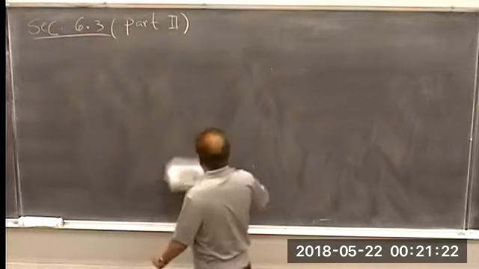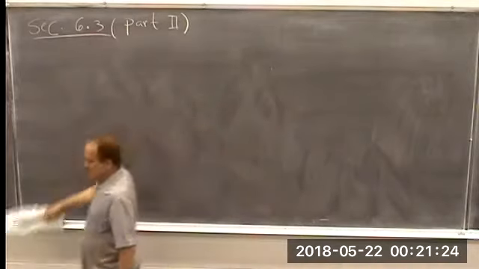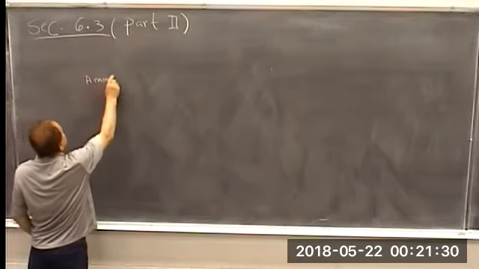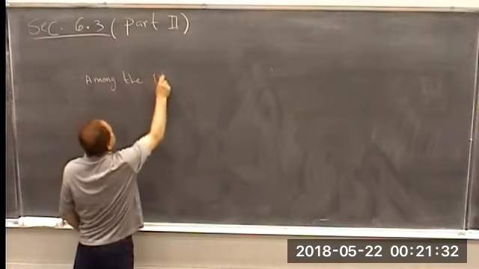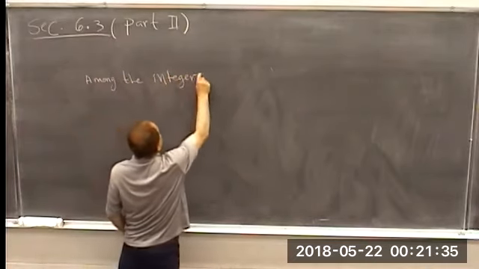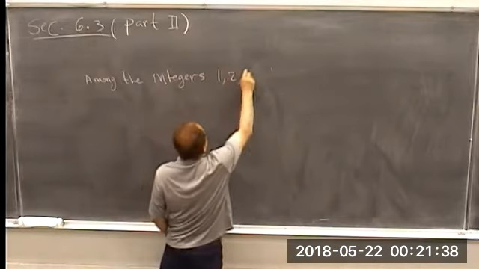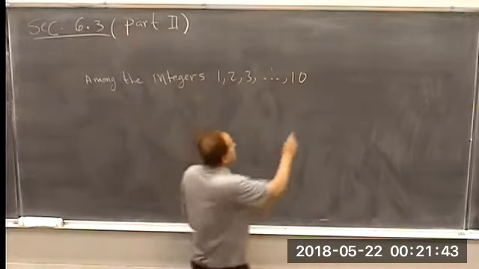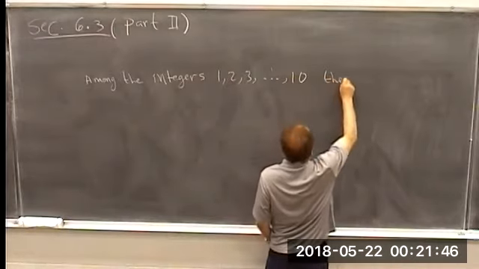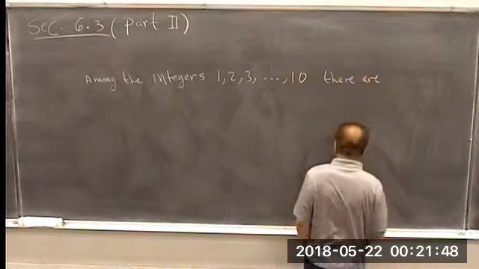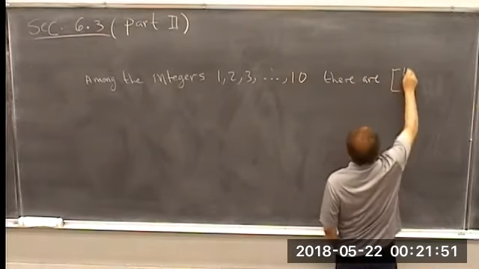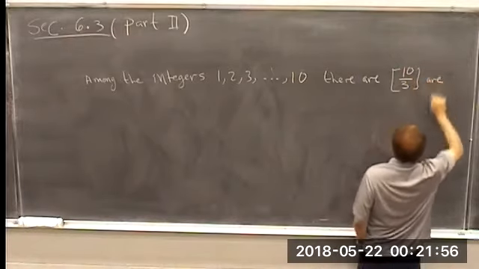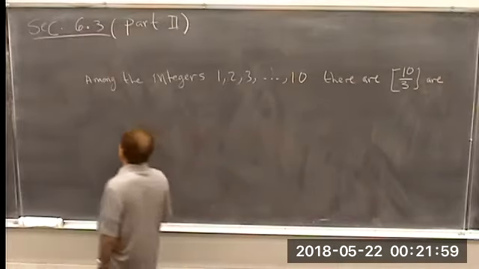First, we're going to look among the integers 1, 2, 3, up to 10. There are 10 divided by 3 of them divisible by 3.